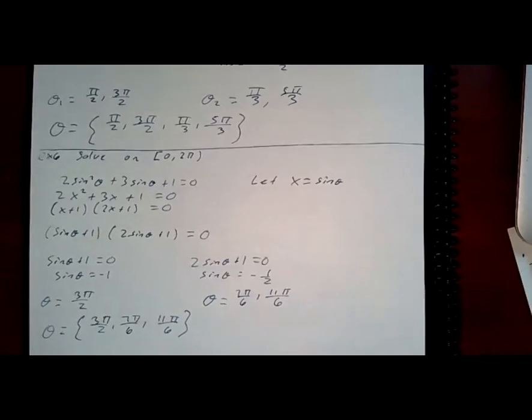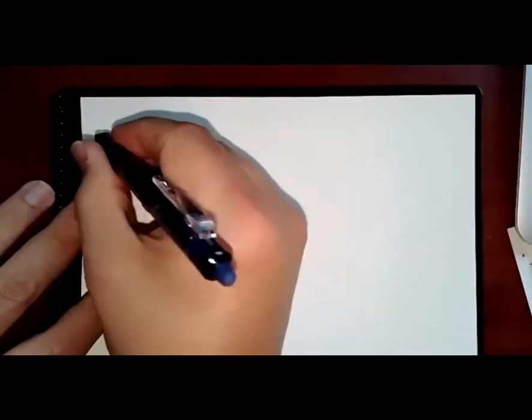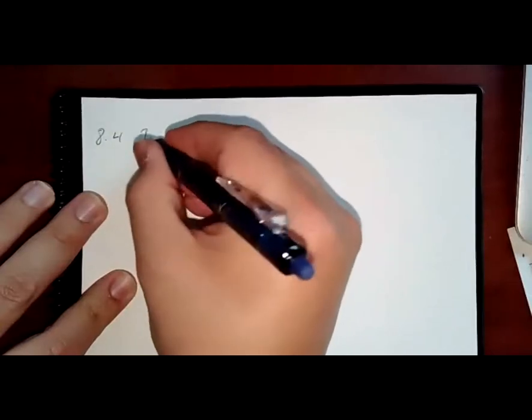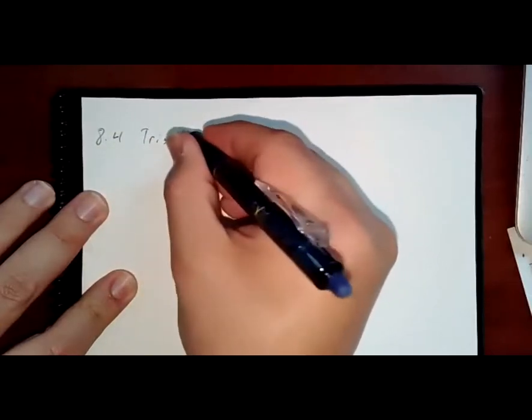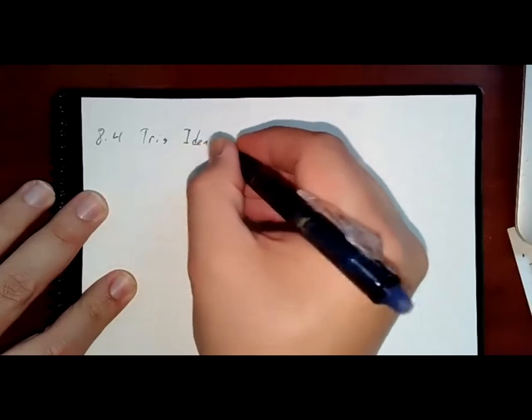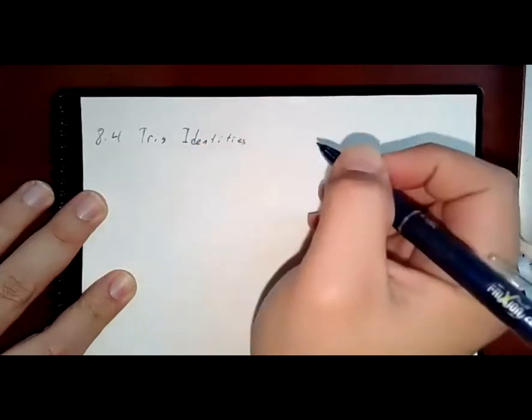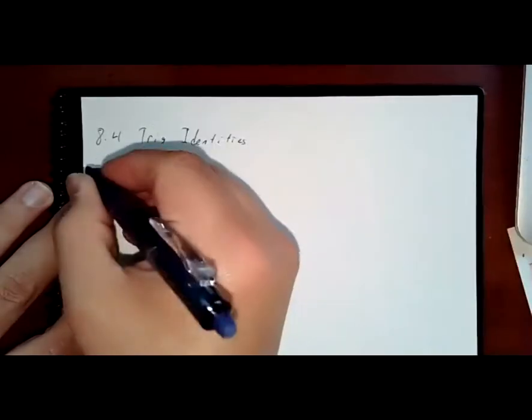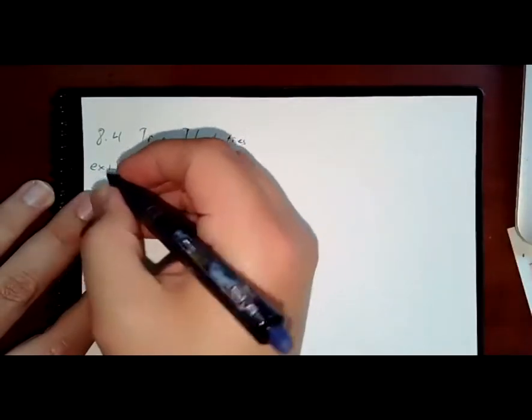All right. So basically, in this next section, we're not really solving anything. It's a section that makes you learn all the identities and get comfortable with them. So it helps to have them handy, and I'll write down which identity I use on each question. So example 1.